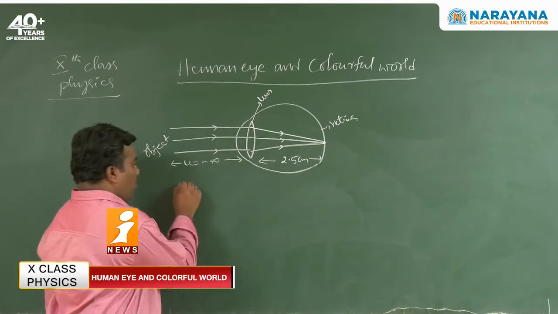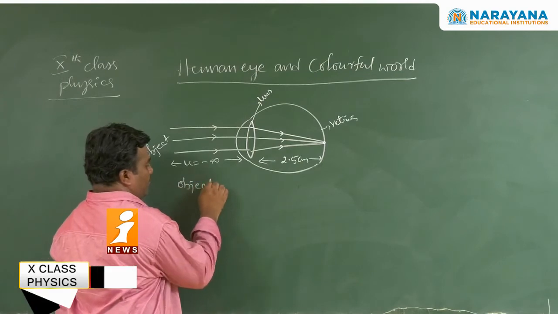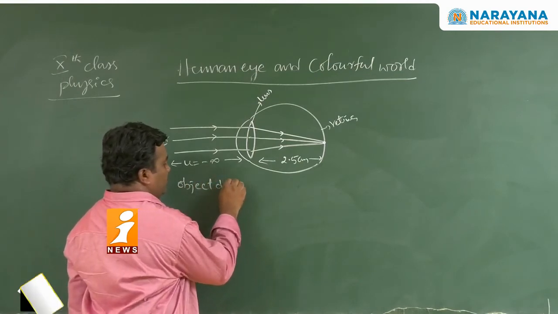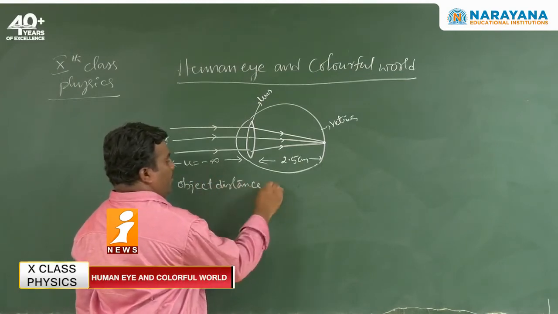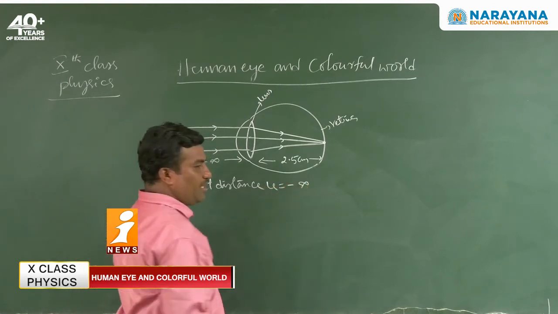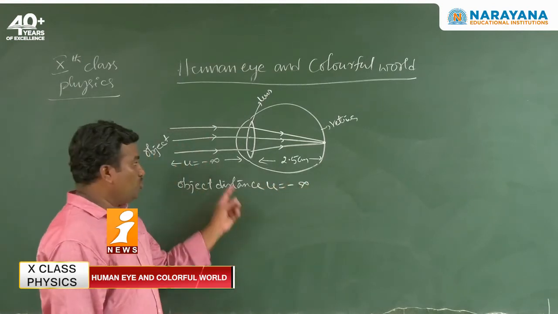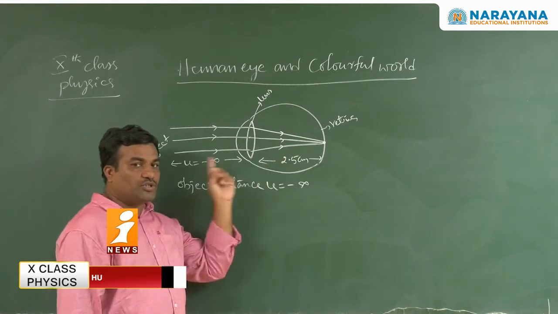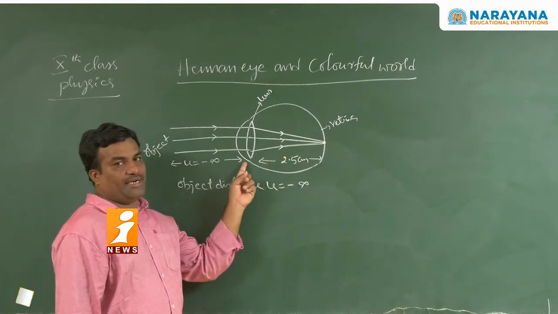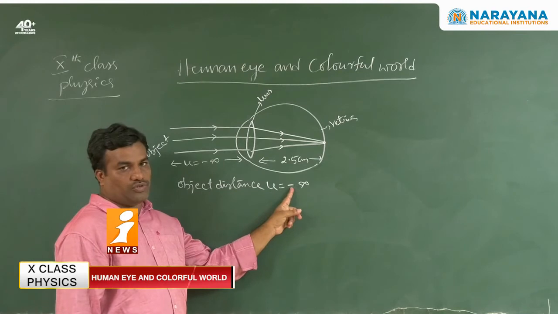So now we write the object distance: u equal to minus infinity. Sign convention must and should be followed. It is opposite to the incident ray direction, that's why we take the negative sign.